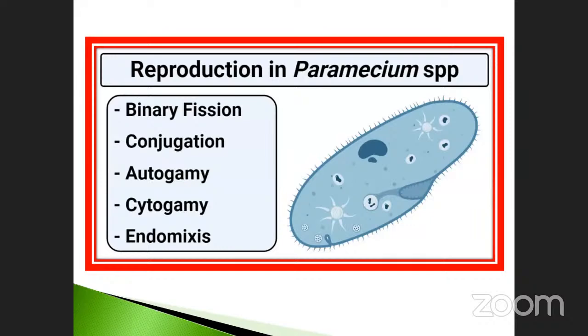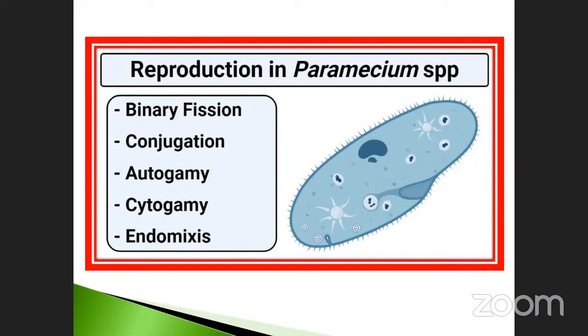It mostly occurs in many prokaryotes. Let me take the example of paramecium. When two paramecia come into close contact with each other, a tube-like structure forms in between them. That tube-like structure is called the conjugation canal.